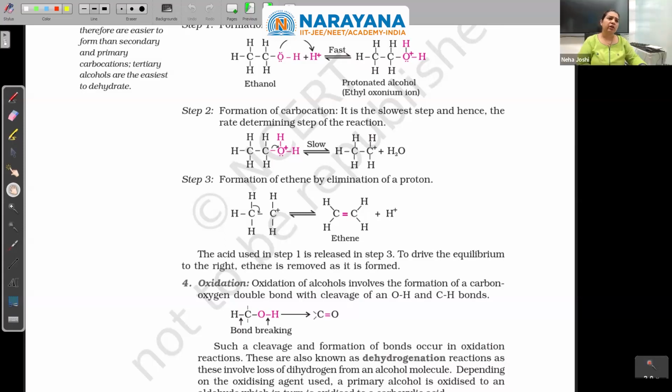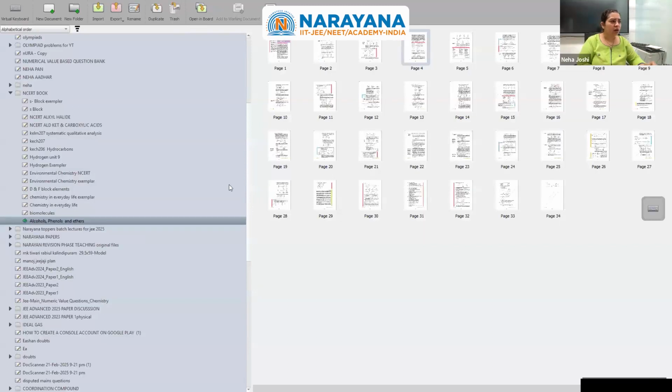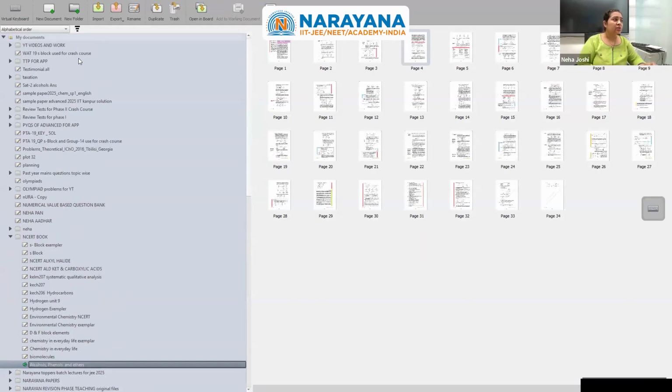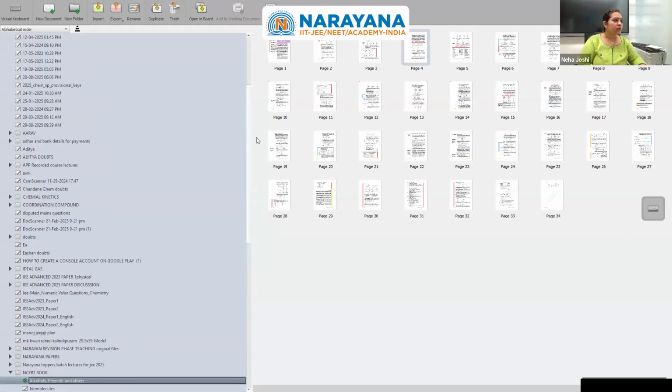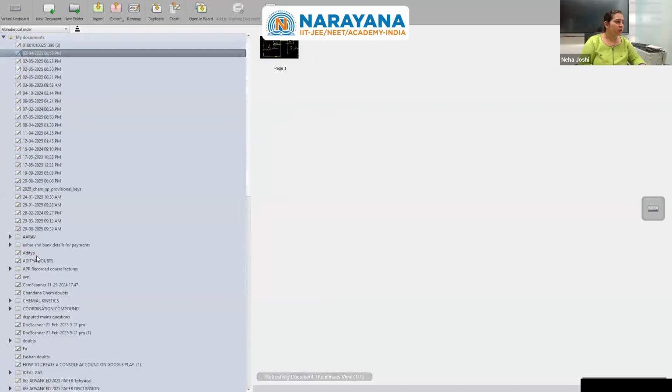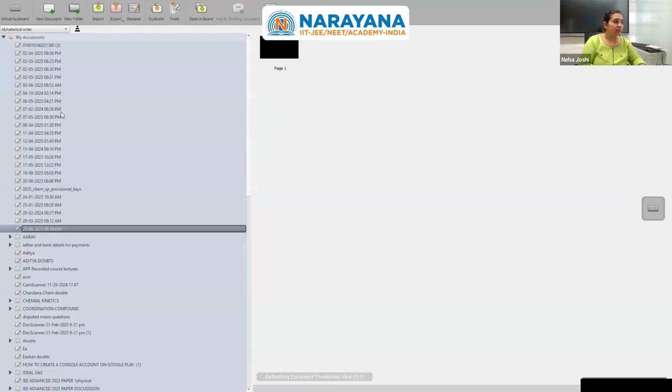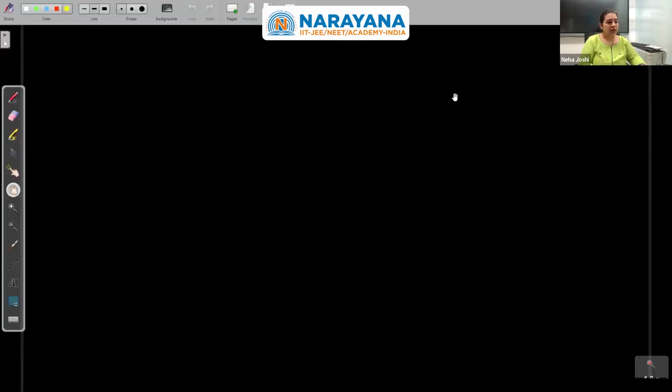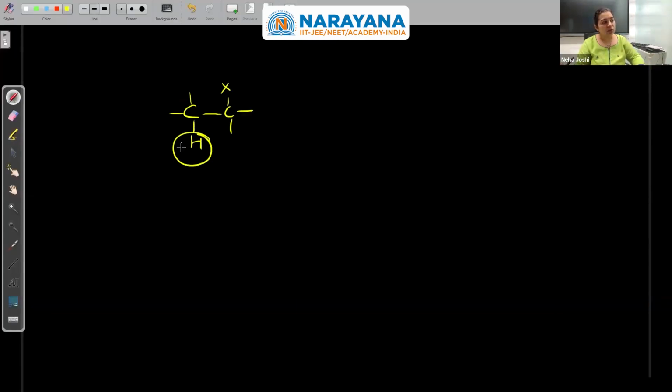Casey, in elimination, whenever I'm talking elimination from the alkyl halide, what are the steps, right? So what are the steps? First of all, we have to remove that H from the carbon attached H. Elimination means removing H which is with carbon, so I need a sufficiently strong base to carry this out.